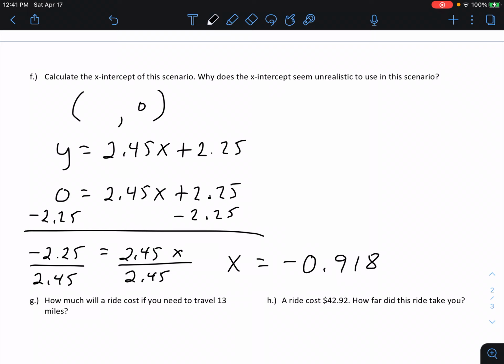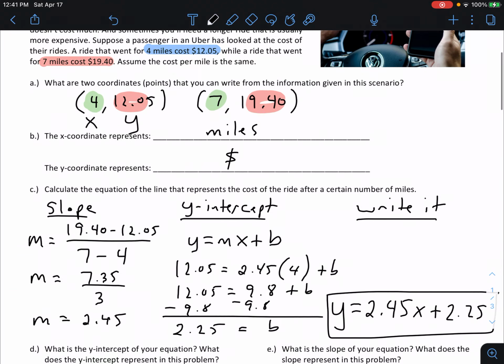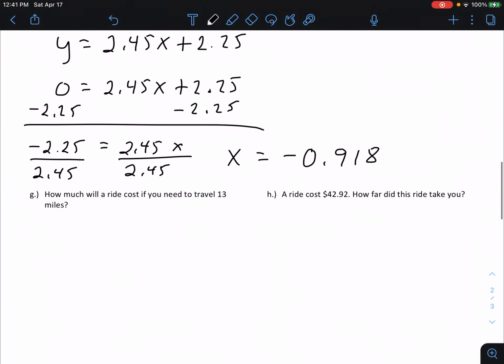All right. If we think about what that means. X was what? X was the number of miles, right? And Y was the cost.